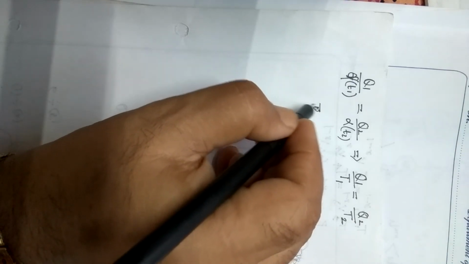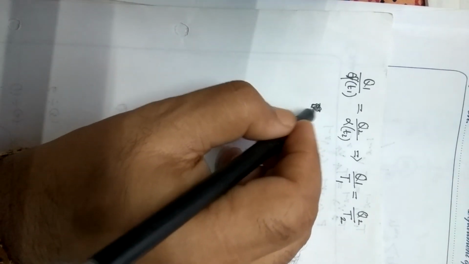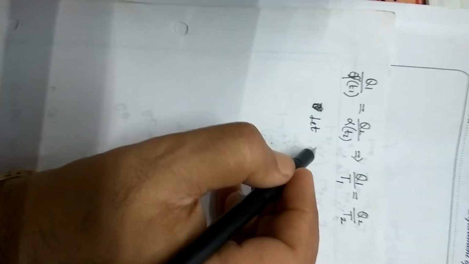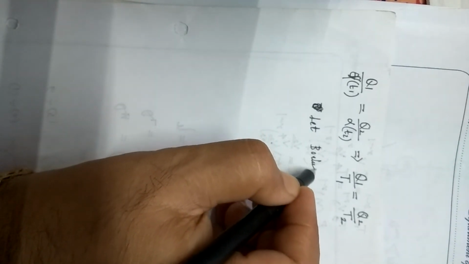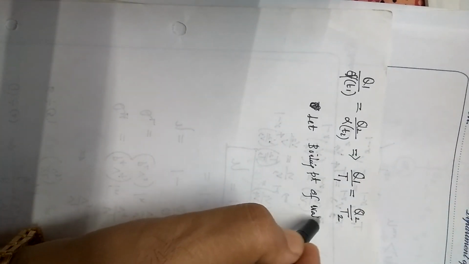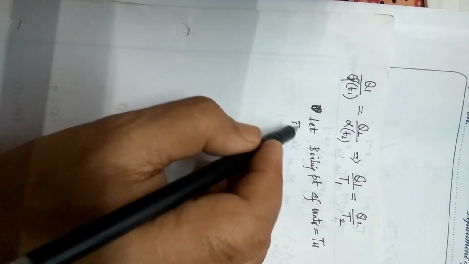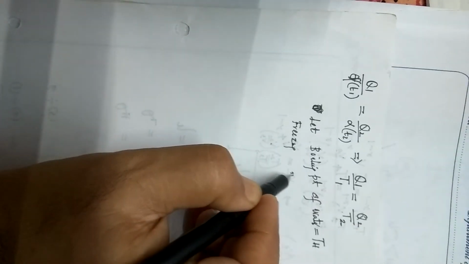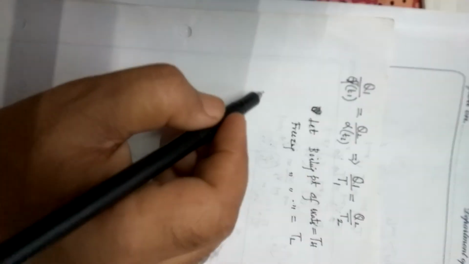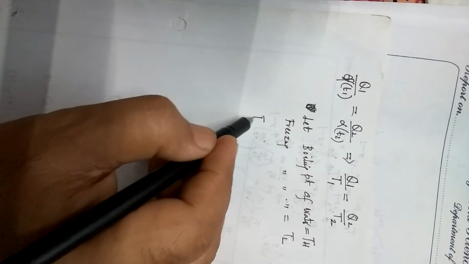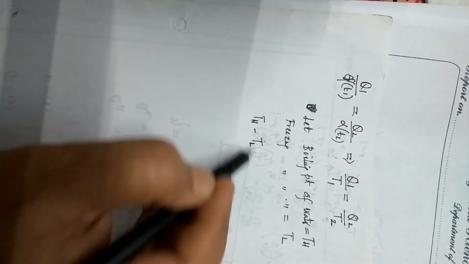He ran a heat engine, and he decided that let the boiling point of water, under normal pressure, be TH, and the freezing point of ice or water, let it be TL, and let between these there be 100 divisions. So TH minus TL is 100.